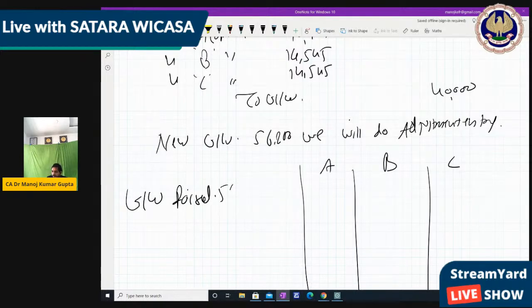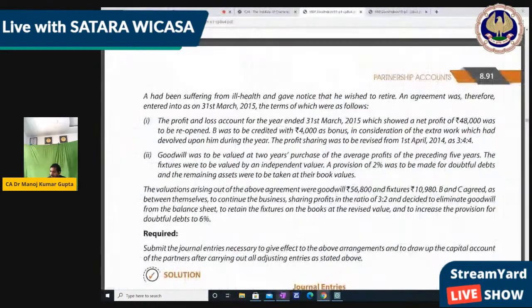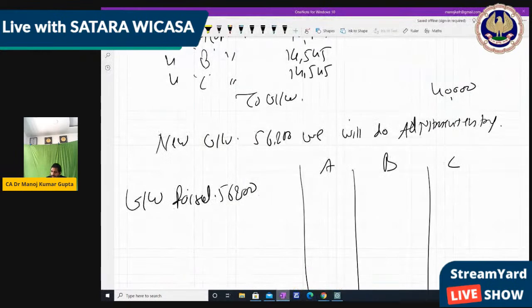How to raise goodwill? 56,800. The new goodwill is 56,800 only, right? Yes. 56,800 will be raised by 344. Right? So 344 will raise.